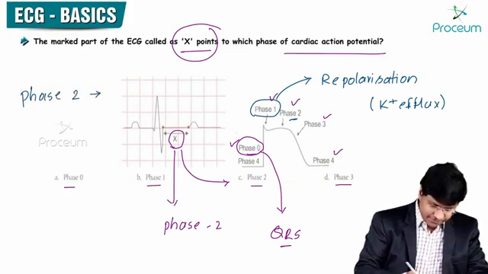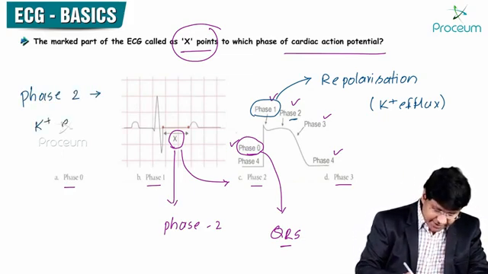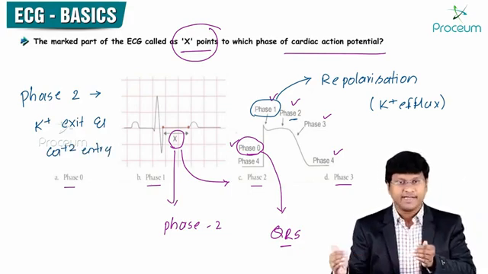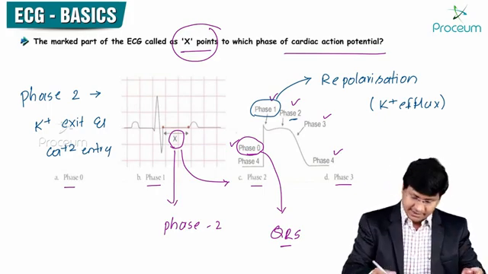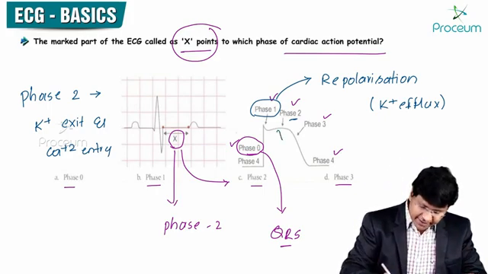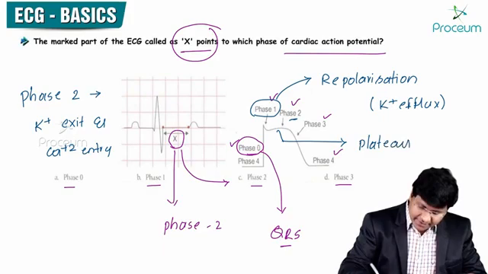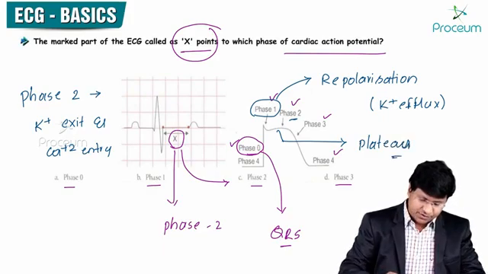During phase 2, there will be potassium exit and calcium entry into the cell. That means a positive ion is moving out and a positive ion is entering. That will give rise to a phase called the plateau phase.